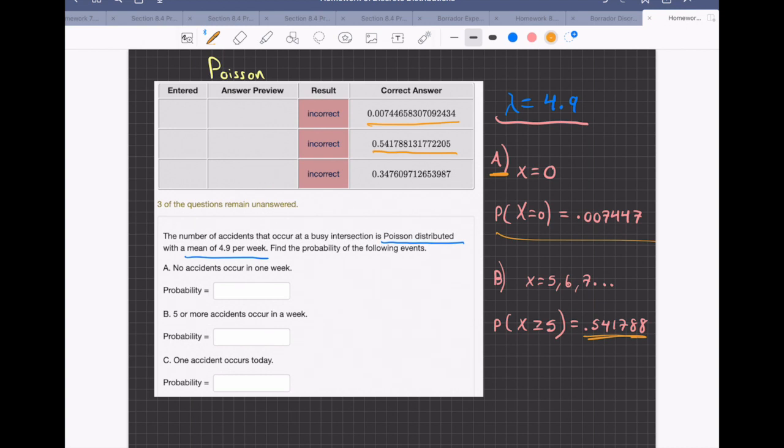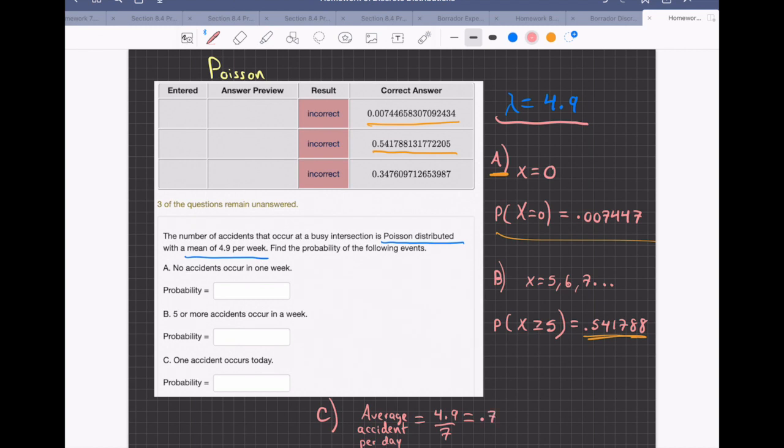Part C is a little bit tricky. One accident occurs today. Notice the average we are given is per week, so for this part we need to compute it per day. If we have 4.9 accidents per week, per day we divide this by 7, and it's going to be 0.7.